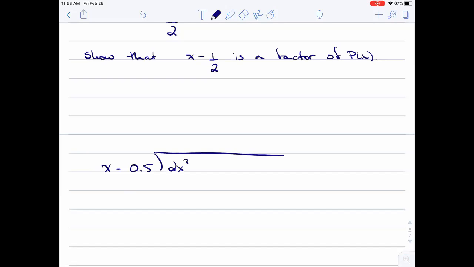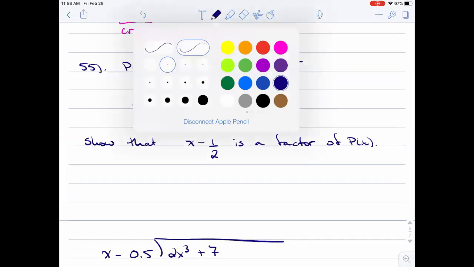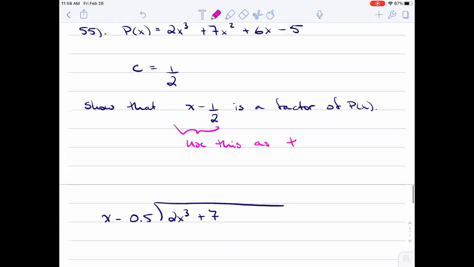2x to the 3. That's right, because if x minus 1/2 is a factor, we use this as the divisor d of x to show that it's a factor of p of x.